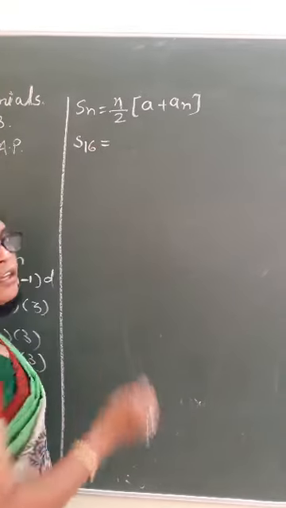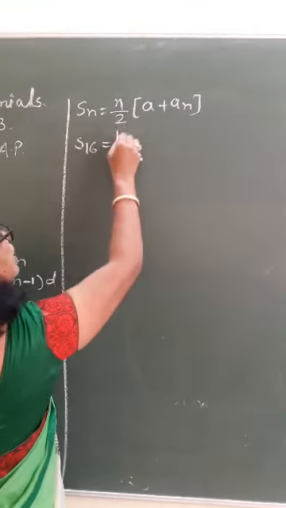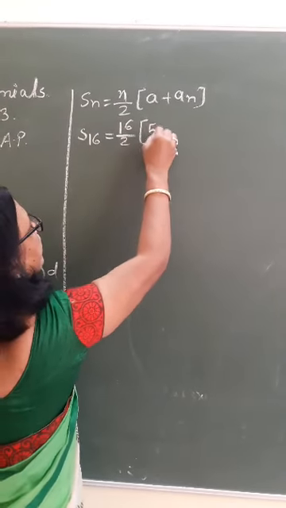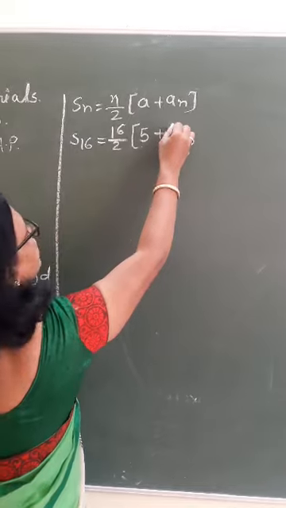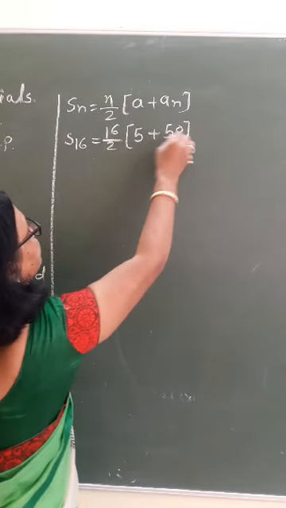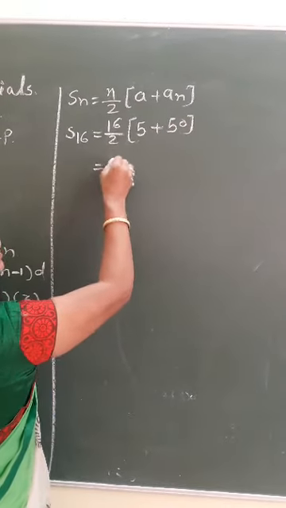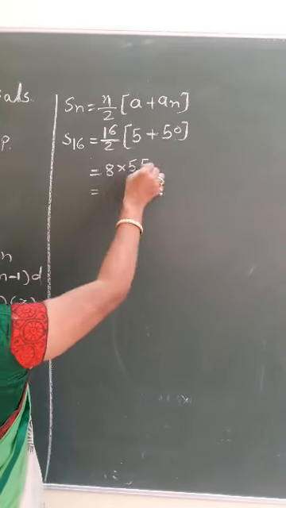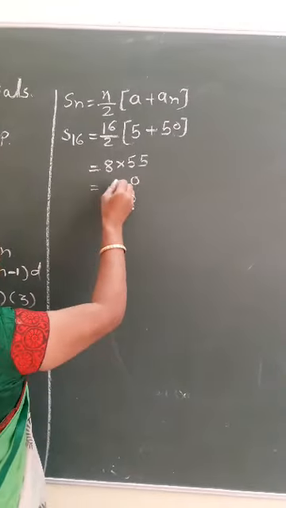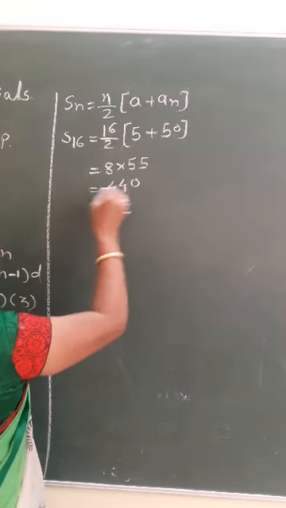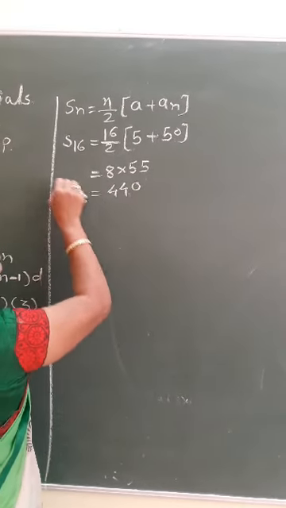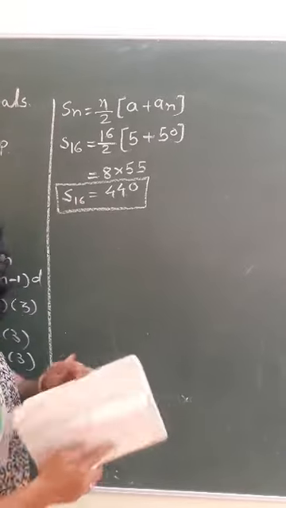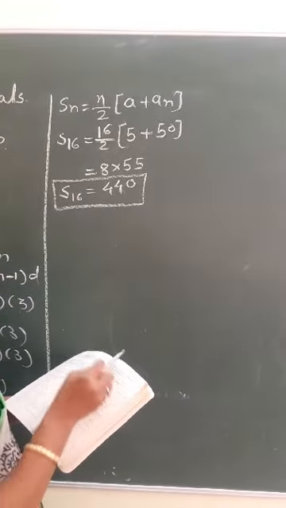So we have to find the sum of 16 terms. 16 divided by 2, the value of a is 5, and the value of an is 50. We get 8 into 55. 8 fives are 40, carry 4, 8 fives are 40 and 4 is 44. So the sum of 16 terms is equal to 440.